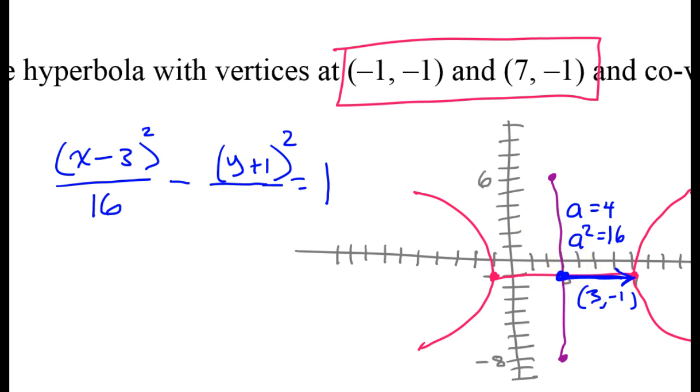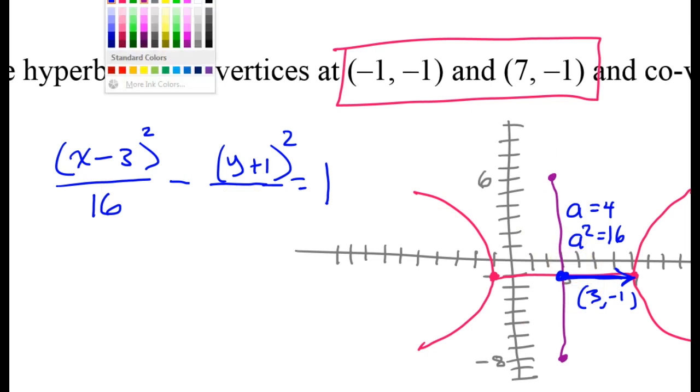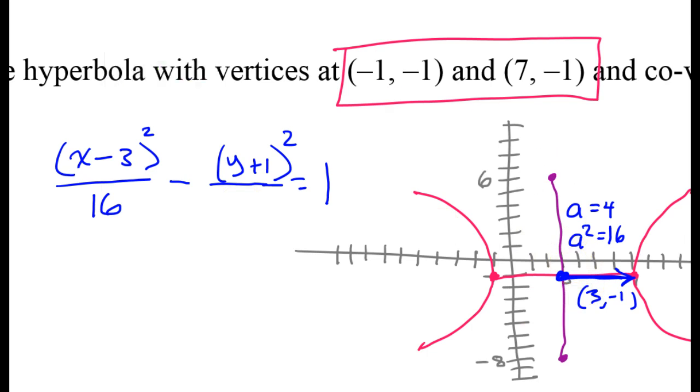Well, the b value comes from my covertices. So this distance from the center to a covertex, this is my b value right here. So this is 7. So my b value is 7.